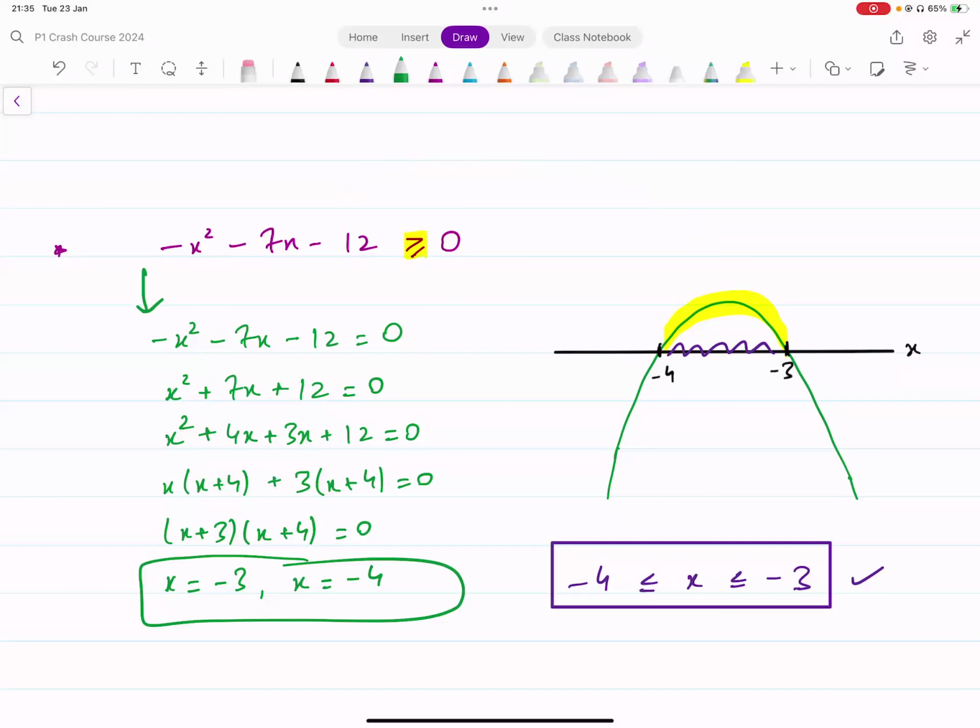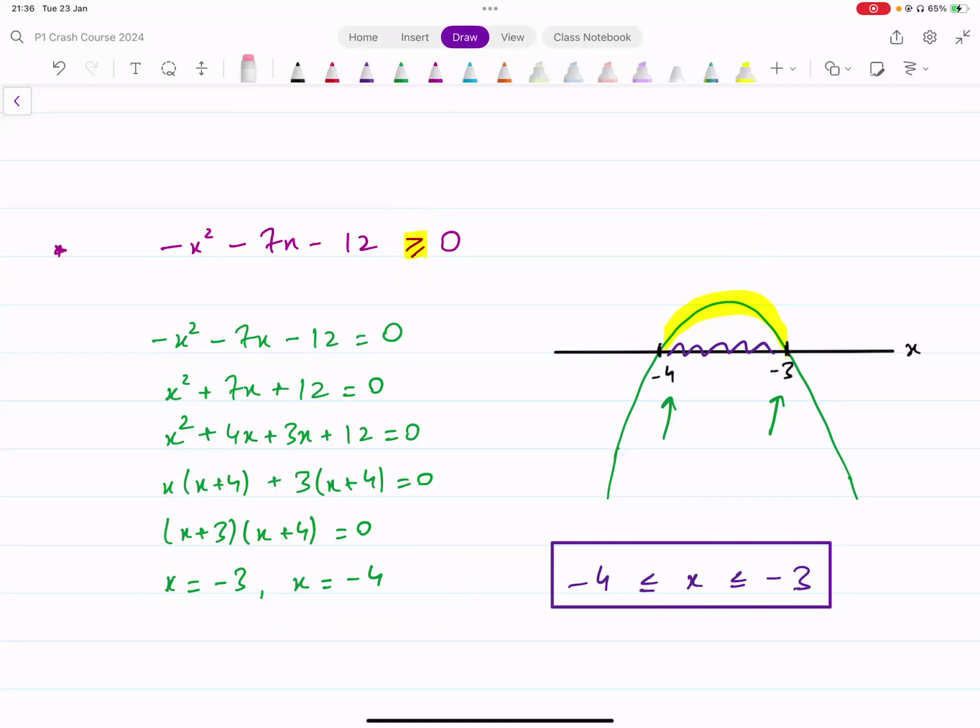When you find the x-intercepts, they are -4 and -3 in this case. Since the coefficient of x squared is negative, the graph is an n-shaped graph. And then using that n-shaped graph, you see, okay, the inequality sign is greater than or equal to. So you're looking for the part of the graph that is above the x-axis. That's this region. So the answer is between -4 and -3. Okay, that's one way of doing this.